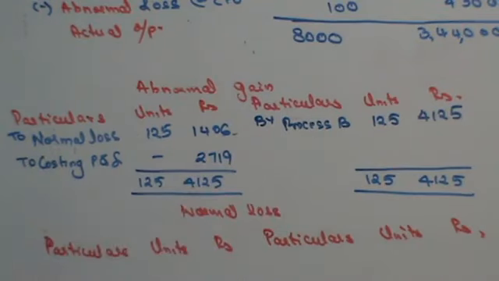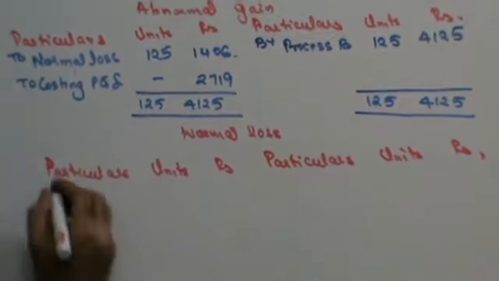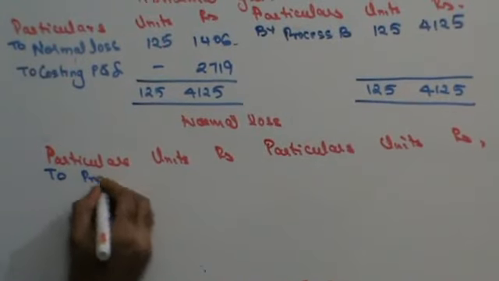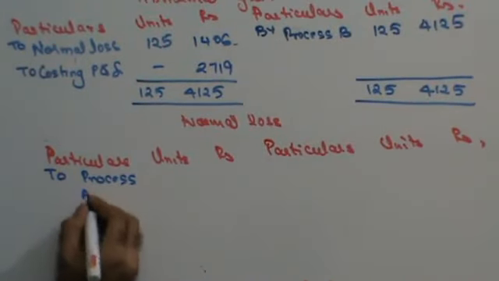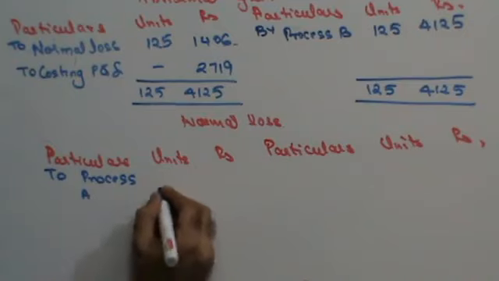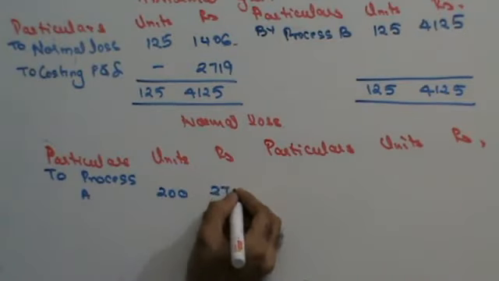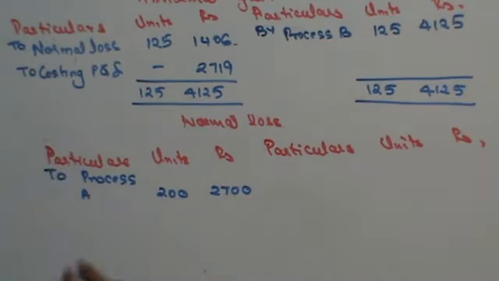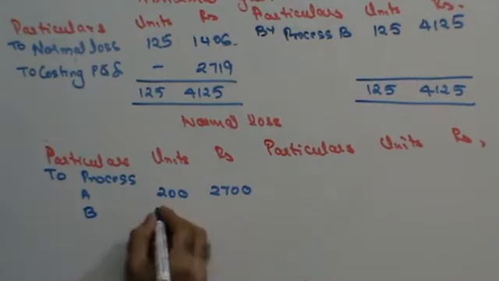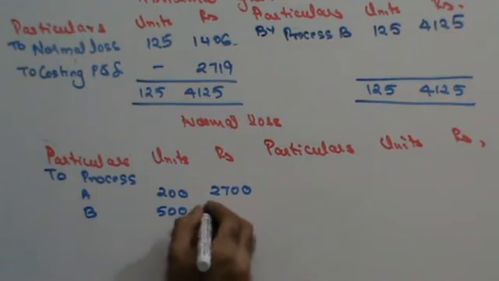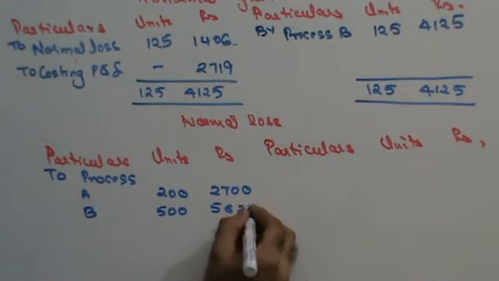Fine. Next, normal loss. You have normal loss in all the accounts. So to process A, it is 200 units and 2,700. Process B is 500 units and 5,625.